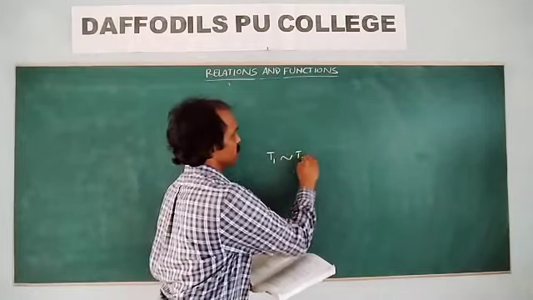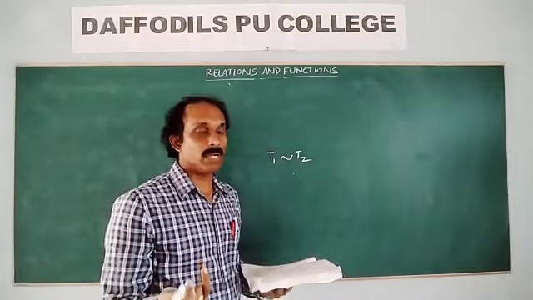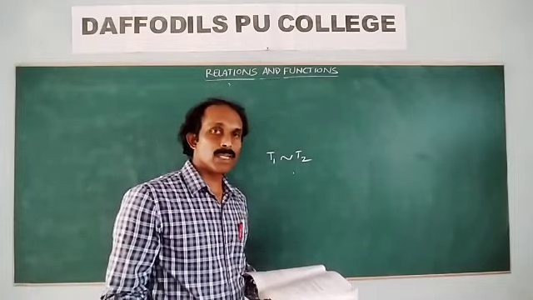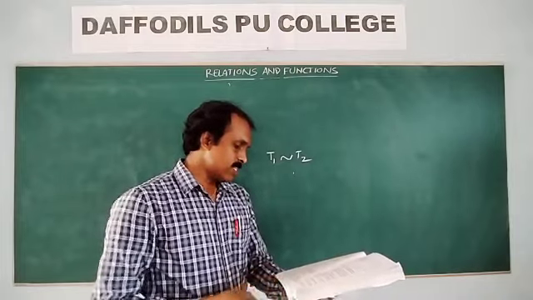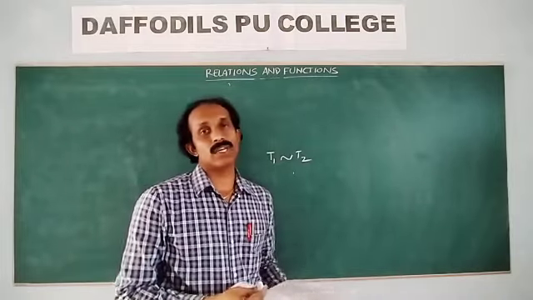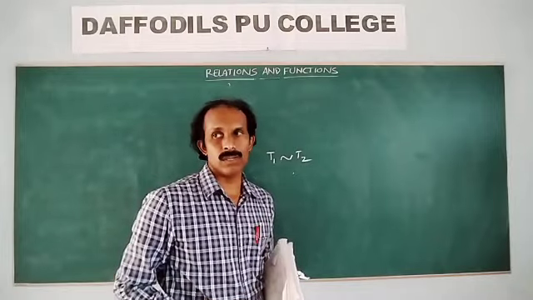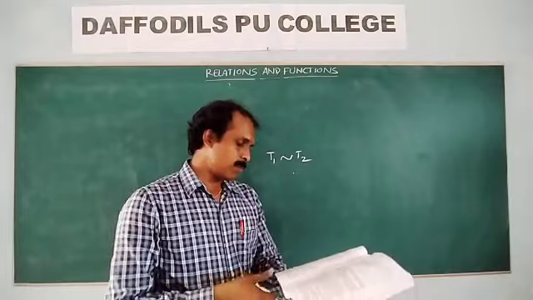This is the similar symbol. Reflexive is satisfied. Every triangle is similar to itself. And T1 T2 means T1 is similar to T2, implies that T2 is also similar to T1. Like that to prove. And next, similarity versus congruence: congruence means all parts are equal, but similarity means side lengths are proportional. Use that concept to prove this.